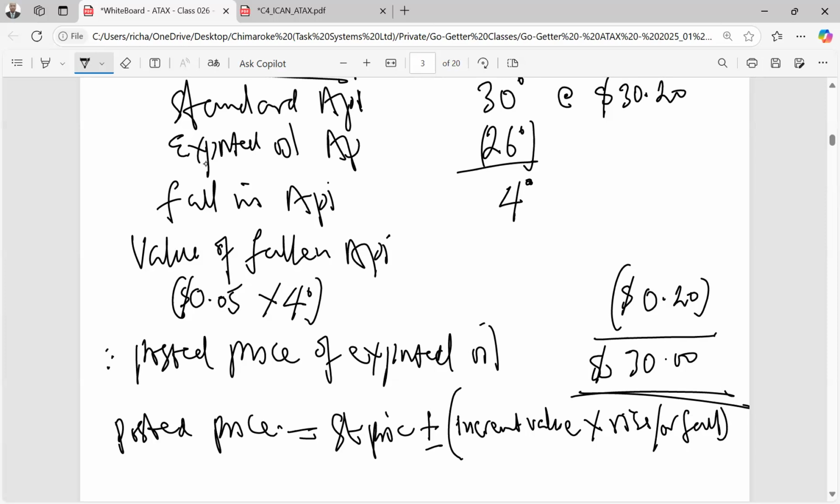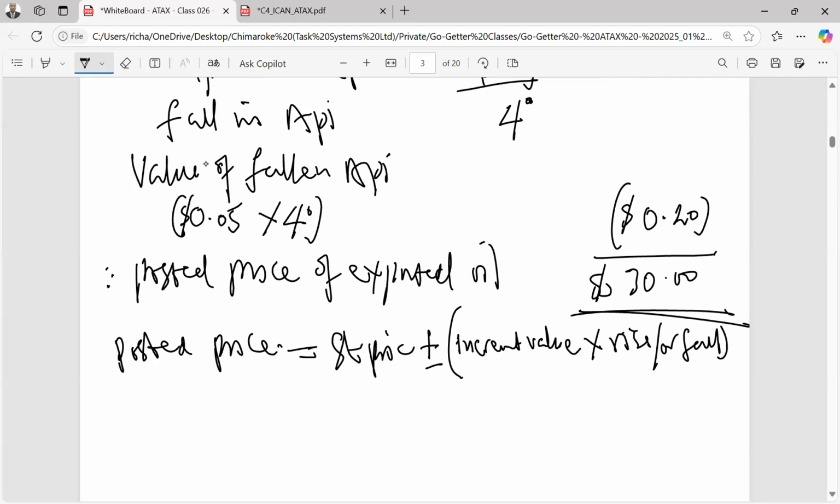So that's what we just did. So this is our posted price, which was 30.20. We said plus or minus. If it's an increment, we say plus. If it's a decrease, we say minus. But it was a decrease, so we put minus. What is the incremental value? 0.05. What is the rise or fall?